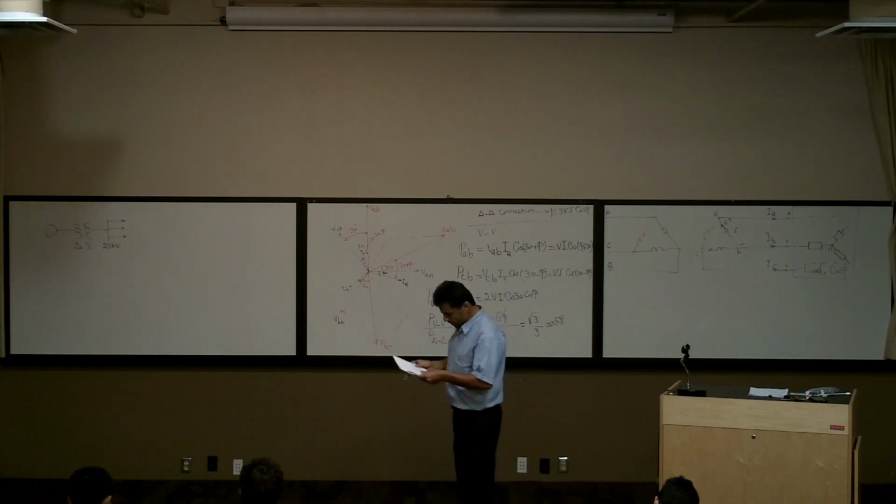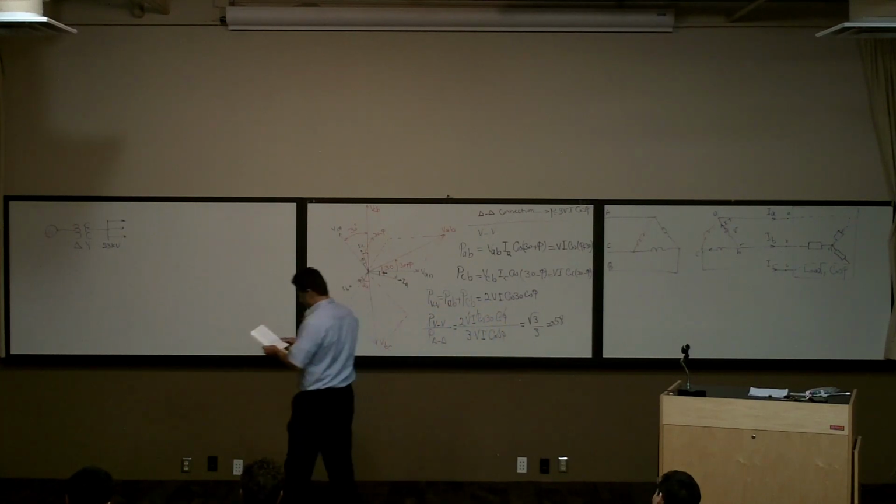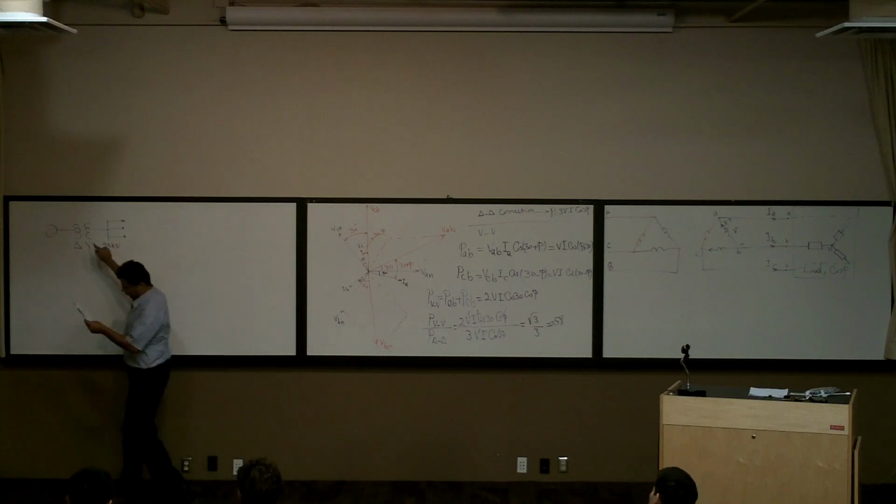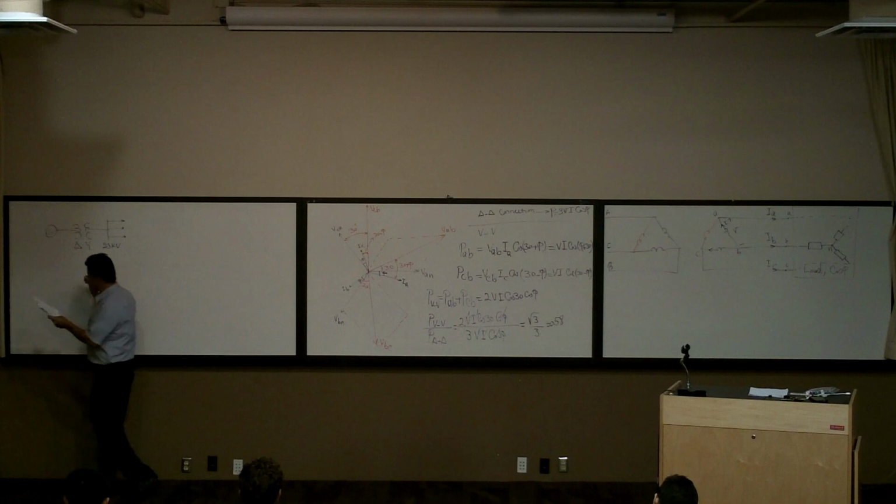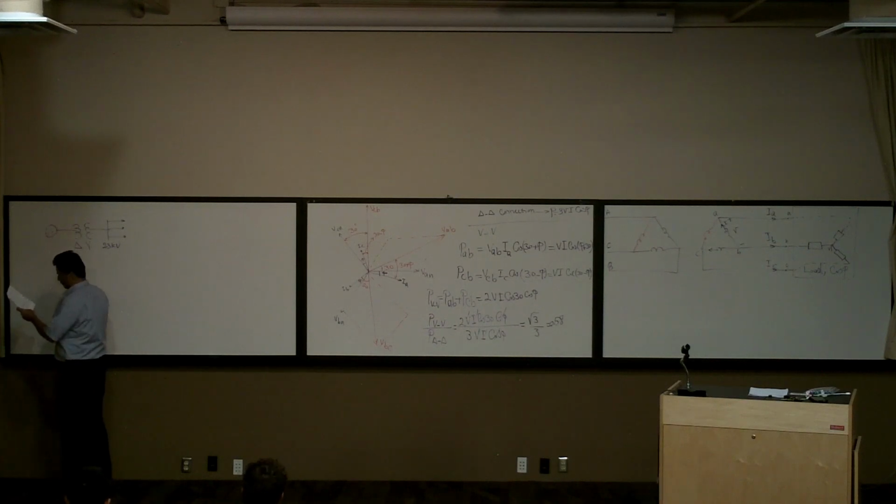Now, it said this one is three single phase transformers, and each is specified by X1 is 0.21 ohm, and we call K, which is N2 over N1, is equal to 10.